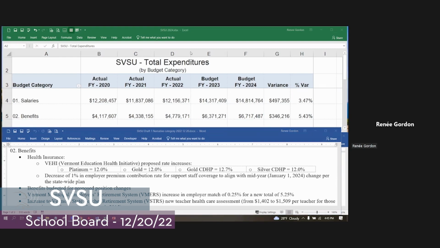We also have factored in that the statewide plan has a clause in it that those employees that are not paying 20%, with the employer paying 80%, will have their share increased 1% per year until they reach that 20%. So we've factored that in.